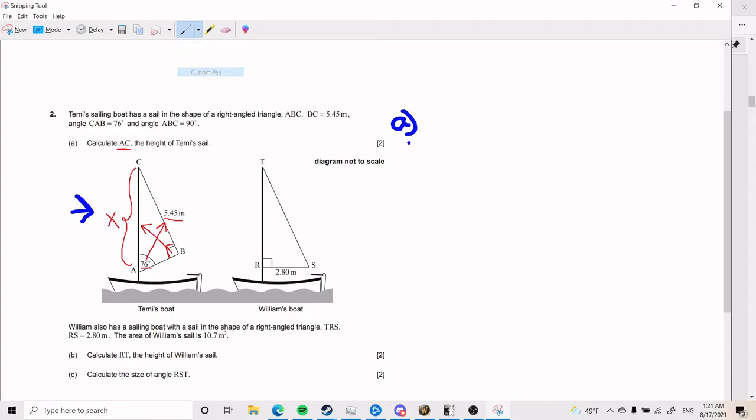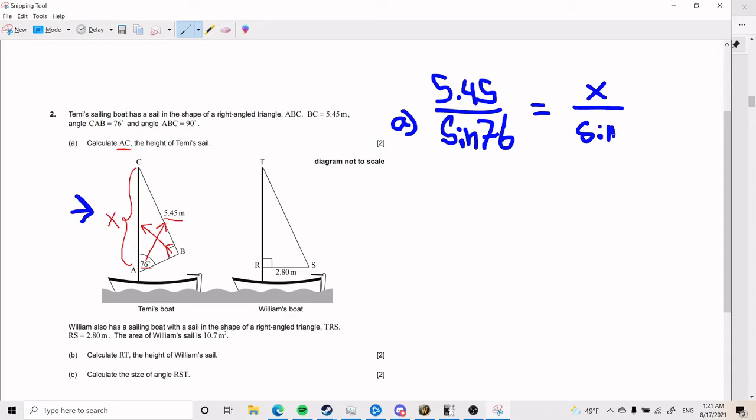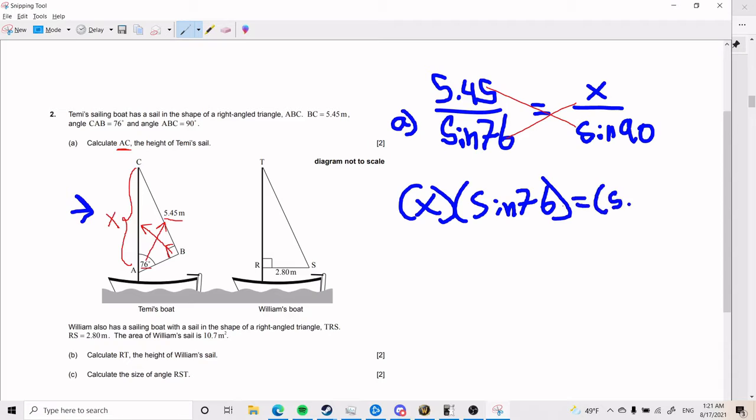And so, very conveniently, we have our two pairs here and we apply them. So the first pair is like this, 5.45 divided by sine 76 equals x divided by sine 90. And so we want to get x alone, and so it's very common to cross multiply here. X times sine 76 equals 5.45 times sine 90, right?